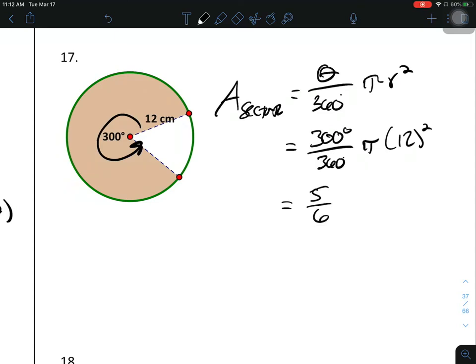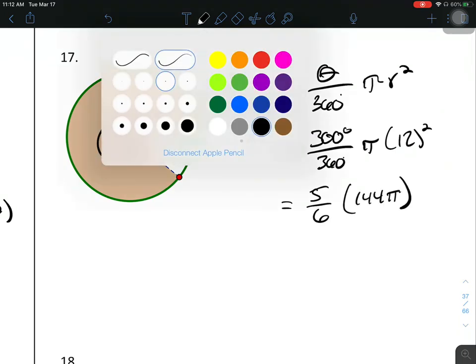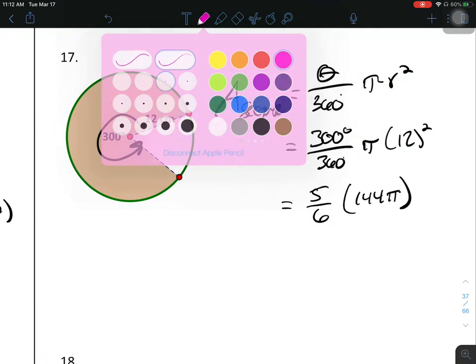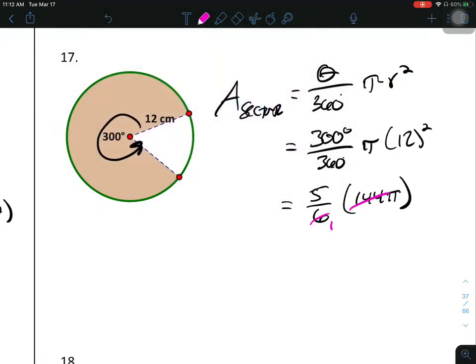You can divide the top and bottom by 60 to get that. And then we're going to get 12 squared is 144. You can divide 6 into itself once and into 144 24 times. 24 times 5 is 120 pi, and we have units here, it's square centimeters.